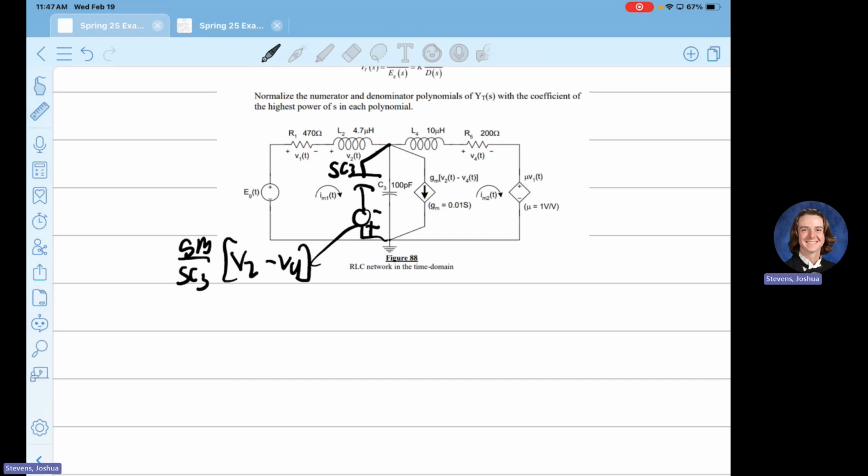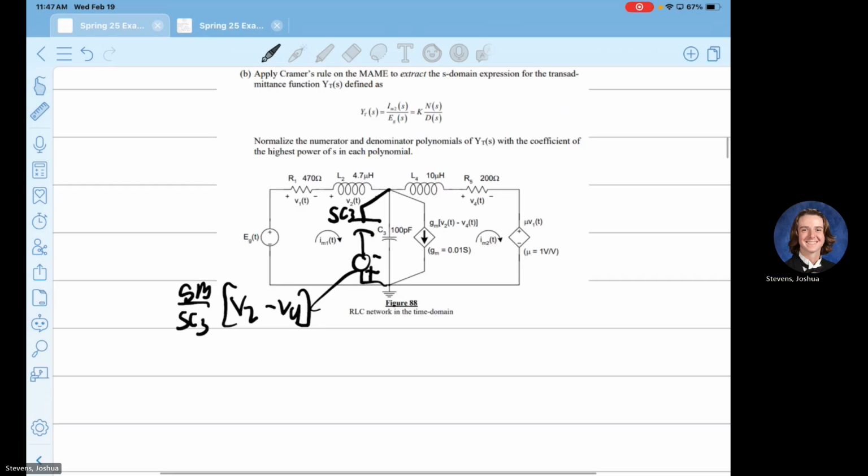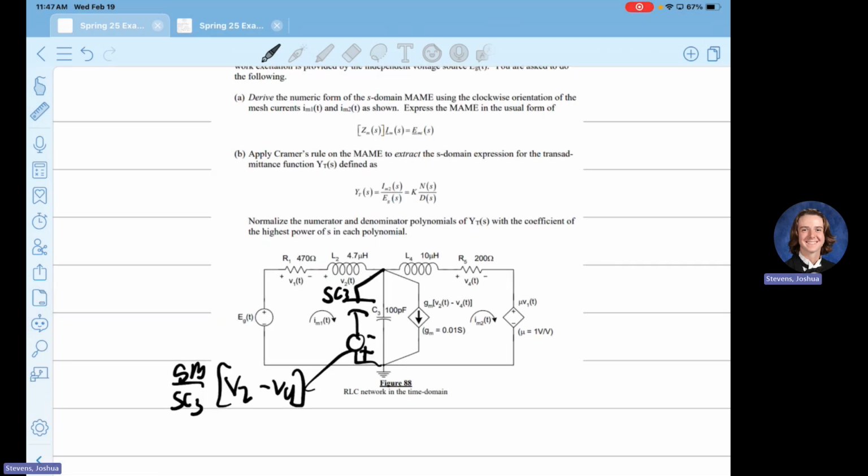What we're going to do for these types of problems, we do not need to find the voltage source numerically. We're going to do it symbolically. I think one of the only times we express sources numerically is Thevenin's and Norton's.